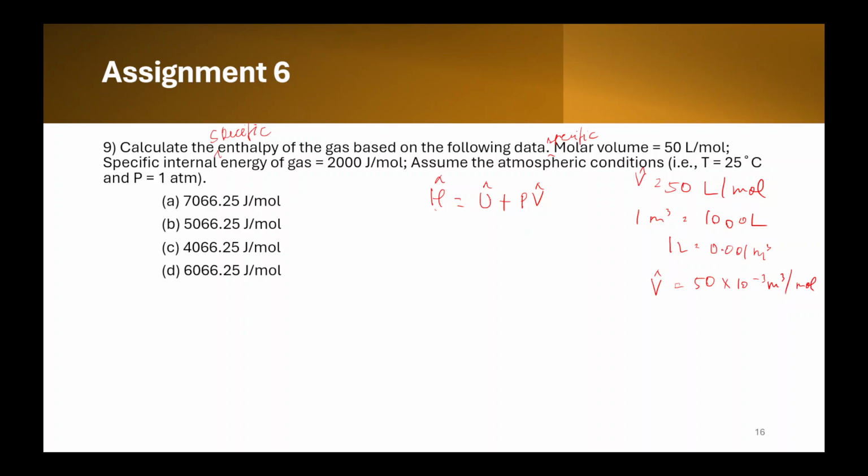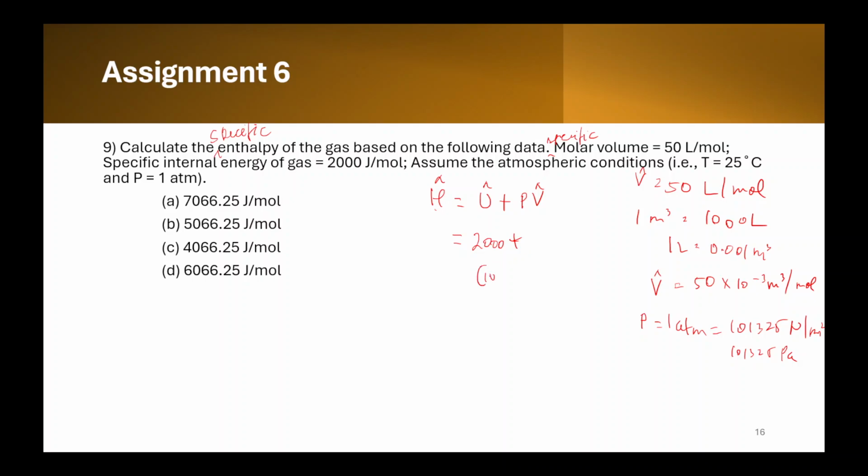Now pressure is 1 atm and pressure we can write as P is equal to 1 atm is equal to 101,325 Newton per meter square or 101,325 pascals. So this is in SI units. So we just need to put this here. So U cap we are given is 2000 joule per mole. This is in SI units.